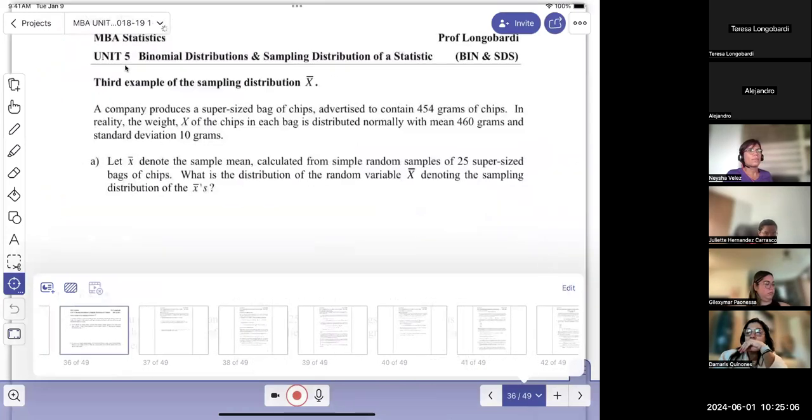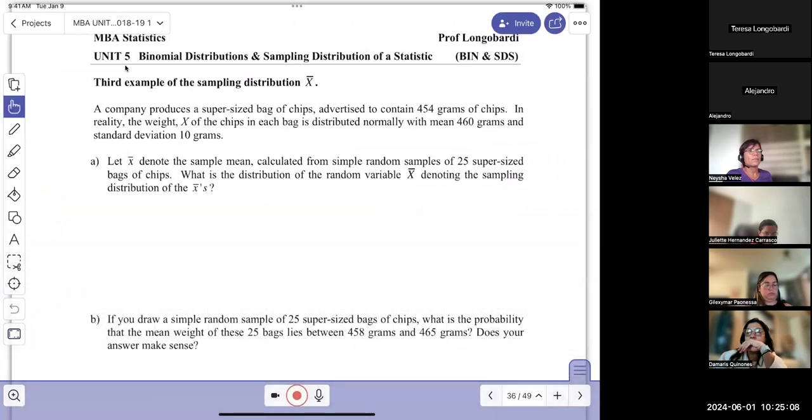So you're told here about a normally distributed measure for the weight of a bag of chips produced or manufactured.